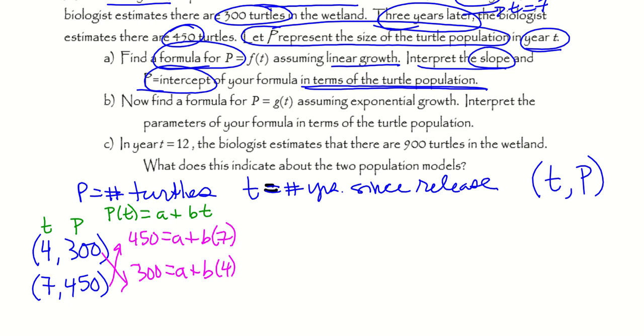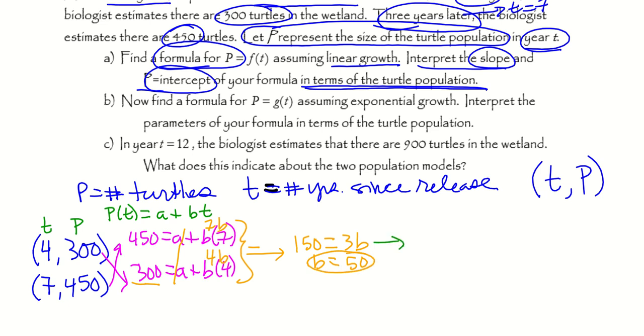Now I'm going to subtract them. 450 minus 300 gives me 150 equals a minus a, those subtract out to 0. I'm left with 7b minus 4b, so that's 3b. And if 150 equals 3b, then b equals 150 divided by 3, which is 50. So there's my b.